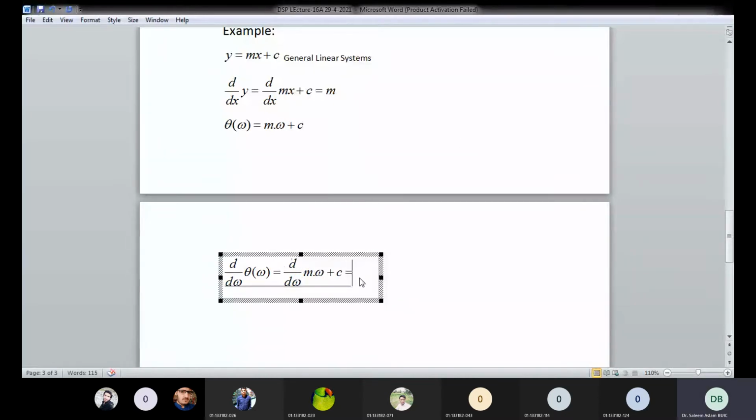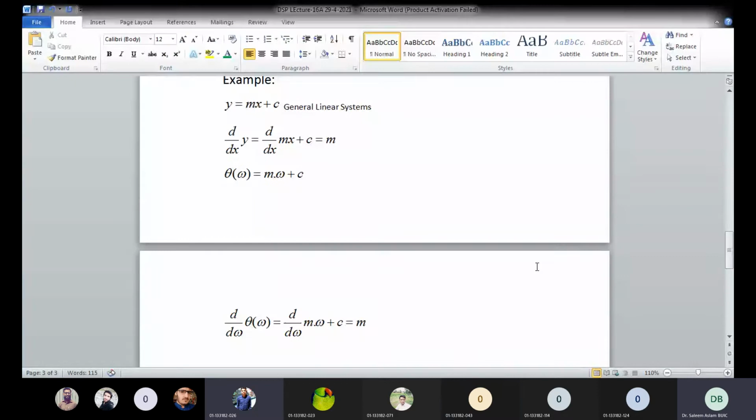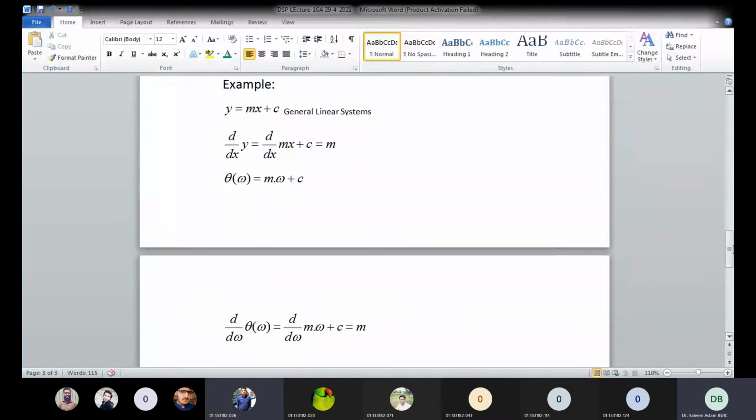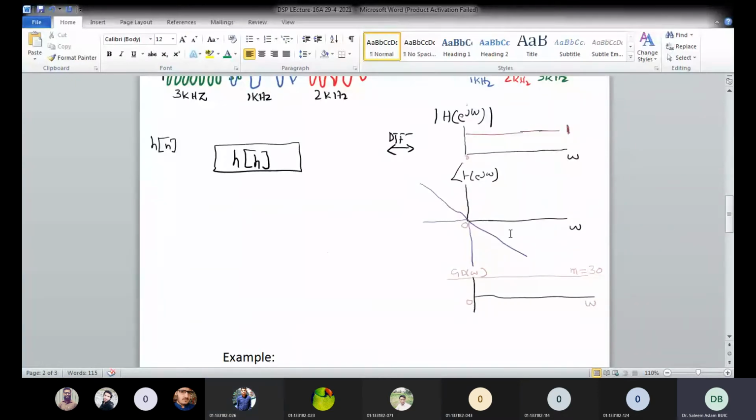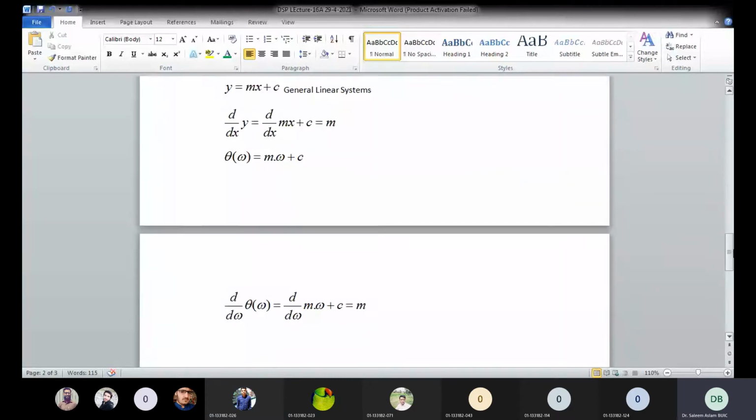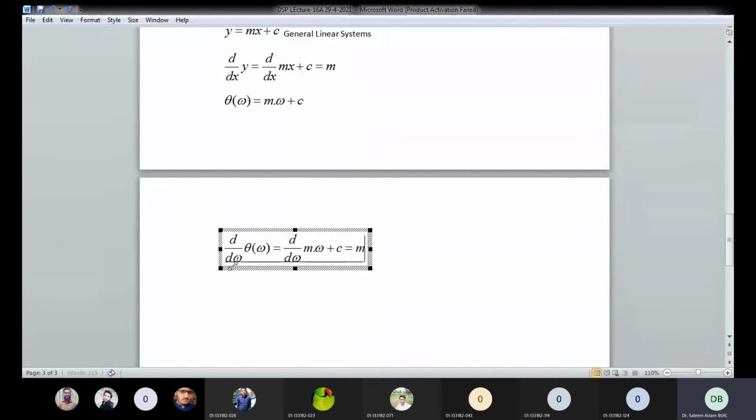What would be the answer? It will still be m. So from here we can see that this is a linearly decreasing line. Because you are in phase, you are taking the negative of the derivative. If you multiply by the negative of the derivative of the phase response of a system, this is minus m.